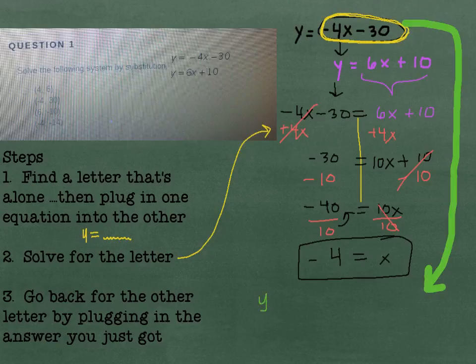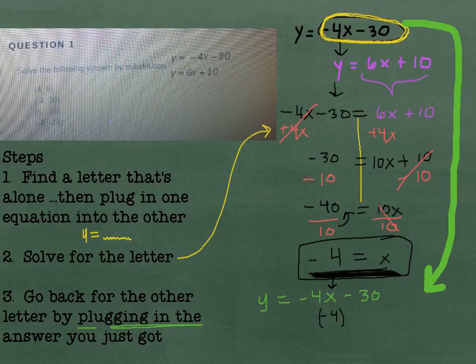So it was y equals negative 4x minus 30, and I'm going to plug in the answer I just got. So I know that x equals negative 4. We just figured that out. So wherever I see an x, I'm going to plug in a negative 4. Just like that. X equals negative 4.